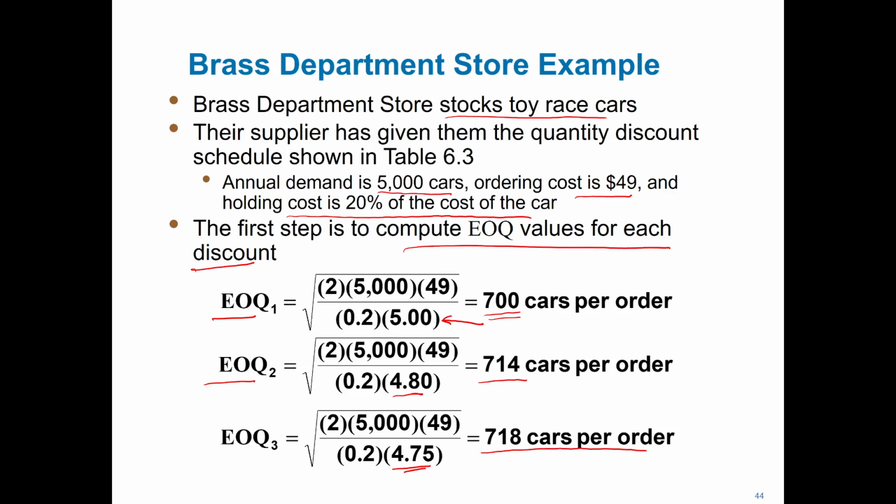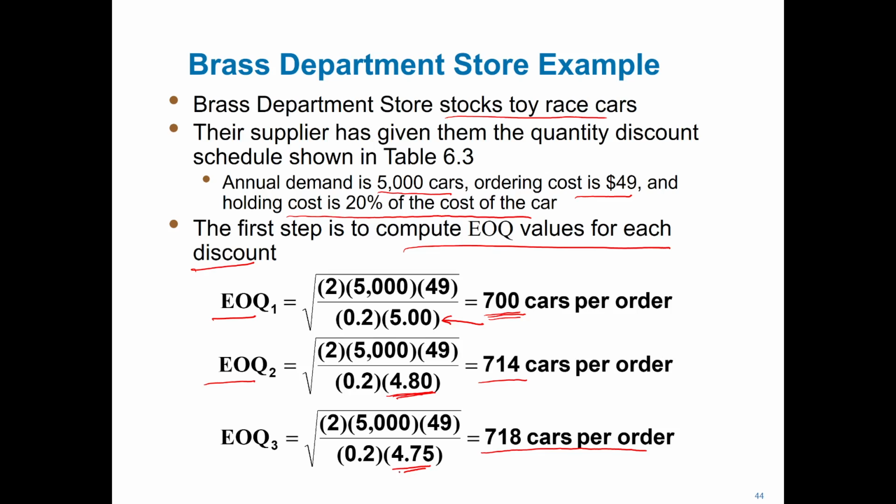Now you can see that if we order 700 cars per order, that's fine. But for the second schedule, to qualify for the price of $4.8, the economic order quantity is actually 714, but they will not give us the discount because it is less than 1000 units.